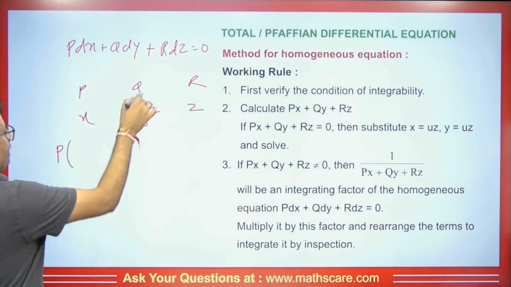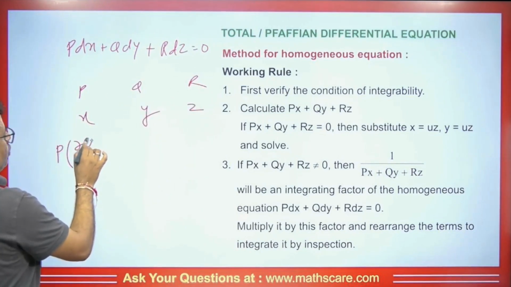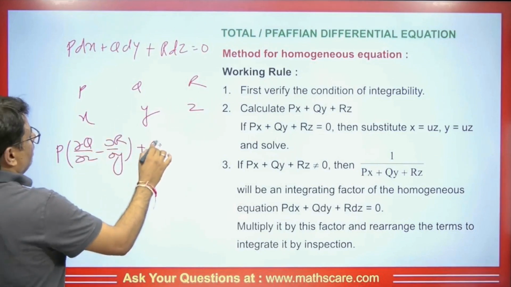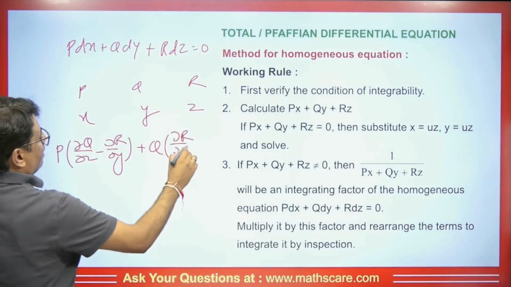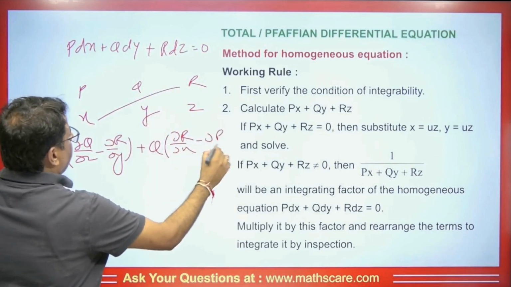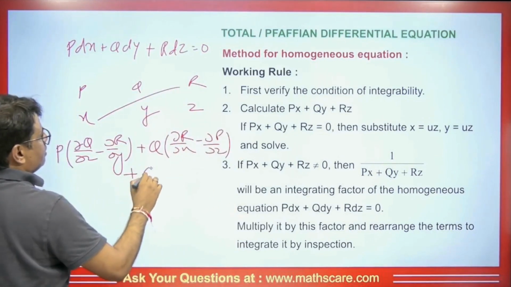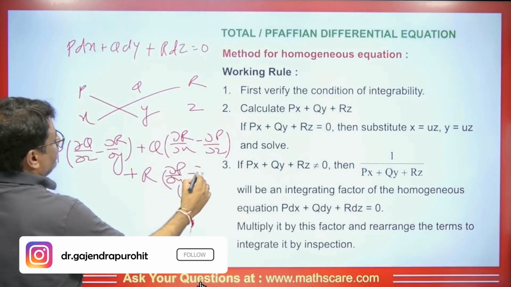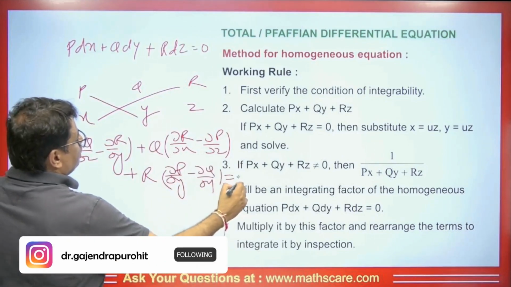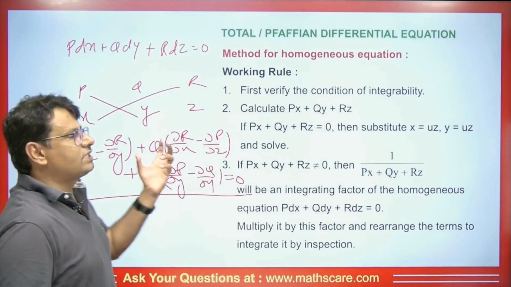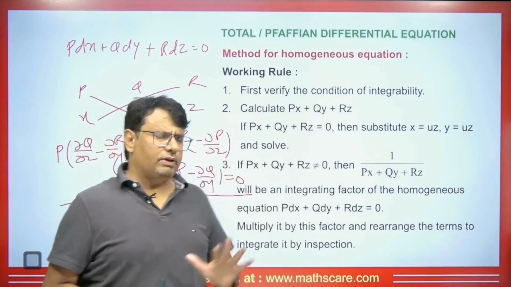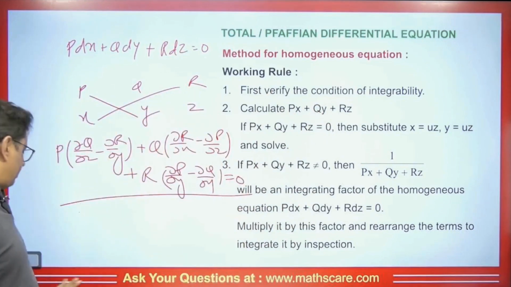Then the condition we have is P multiplied by ∂Q/∂z minus ∂R/∂y, plus Q times ∂R/∂x minus ∂P/∂z, plus R into ∂P/∂y minus ∂Q/∂x is equal to 0. So this means that the integrability condition should be satisfied here, and its value should become 0, right?